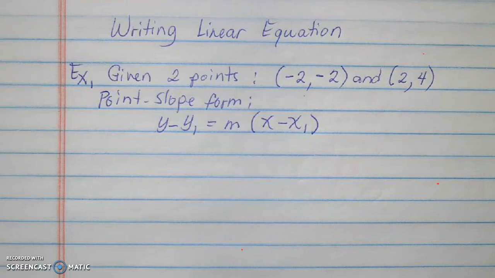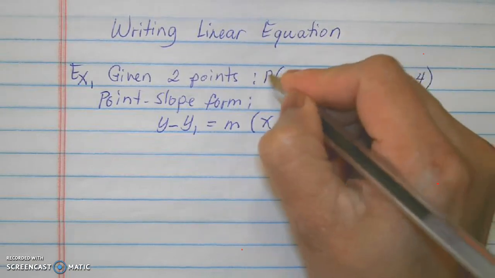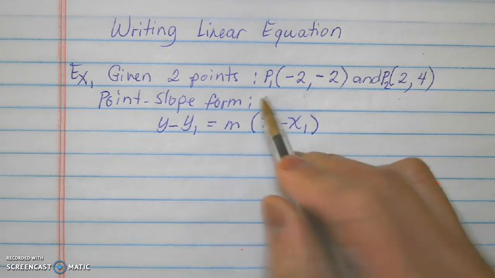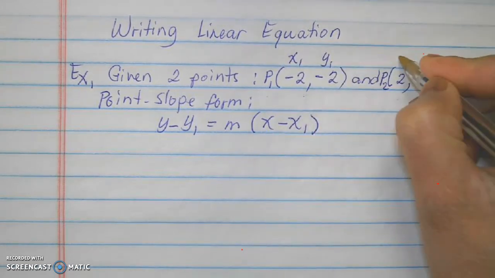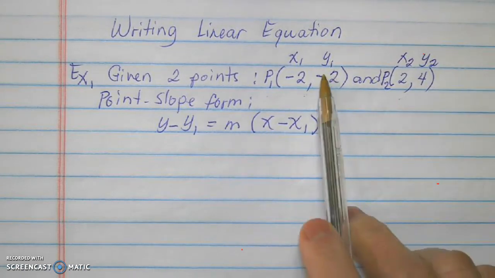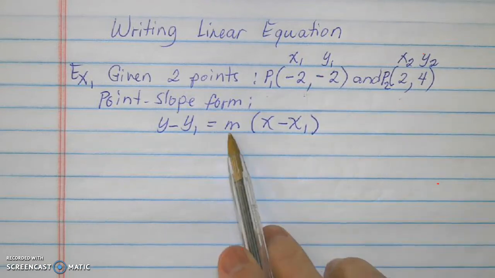So you can just assign any of those two to become your point. Let's name this as our point 1, and let's name this as our point 2. And because this is our point 1, I'm going to call this my x1, y1. This would be my x2, y2. The x1, y1, x2, y2, we need it for our m.